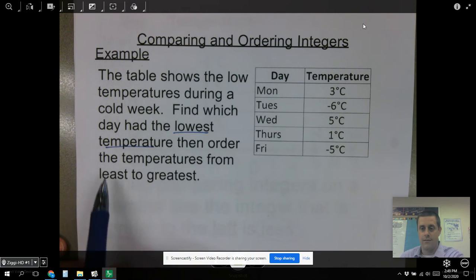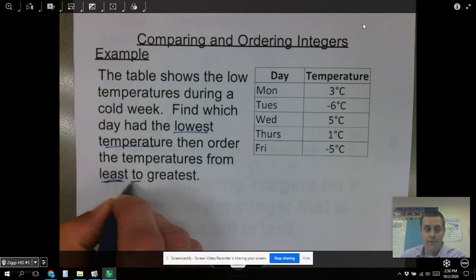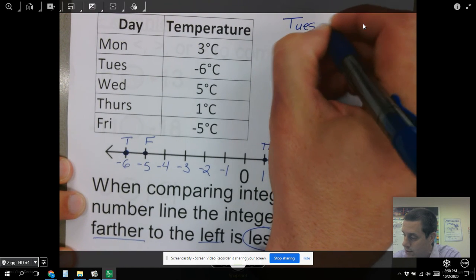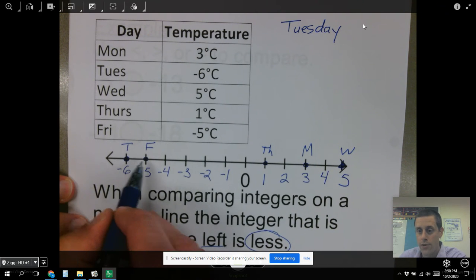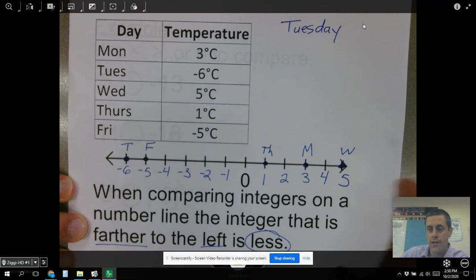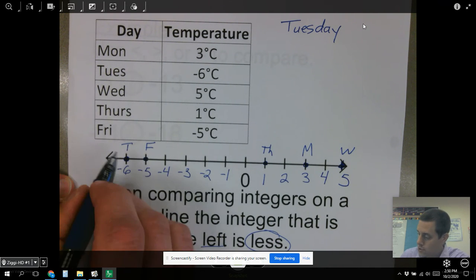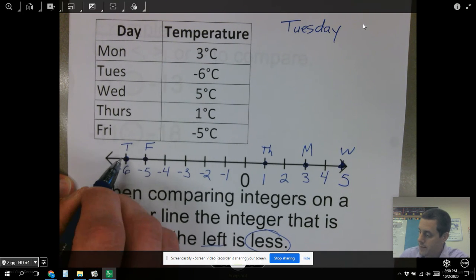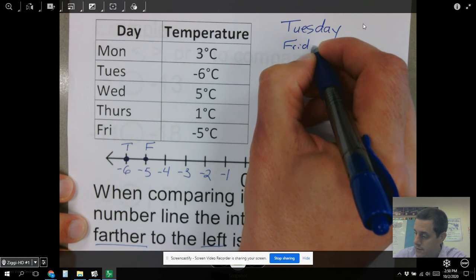The second part of this problem asks us to list the temperature values from least to greatest. So we've already determined that the coldest temperature or the least value was on Tuesday. Well, as I work to the right on my number line, the further right I travel, the greater the value of the integer. So moving from left, which is the least value Tuesday, to the right for my increasing values, Friday would be the next coldest at negative 5 degrees Celsius.